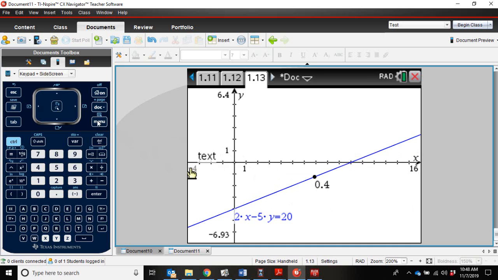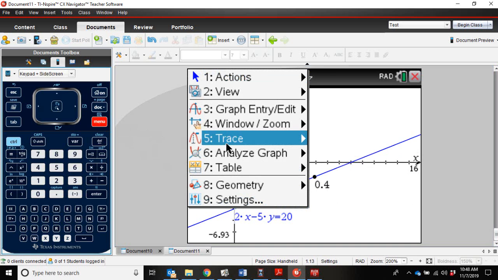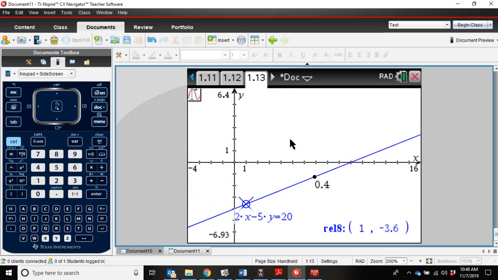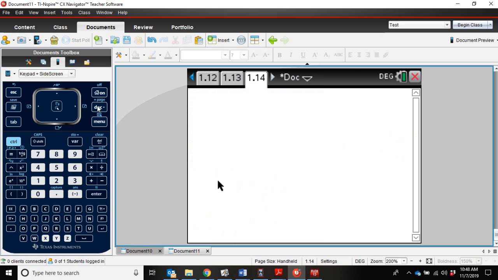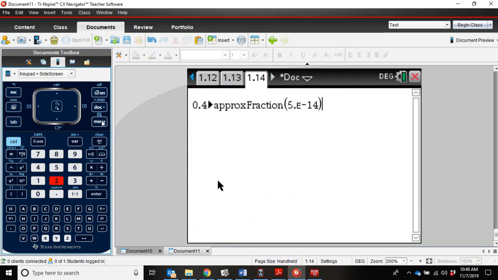And then we can find a point on the line by pressing menu 5, 1. And we can type in any number we want. So 2, enter, and it will tell me the y value. And just a reminder to change that to a fraction, we go back to a calculator page, type in 0.4, menu 2, 2.